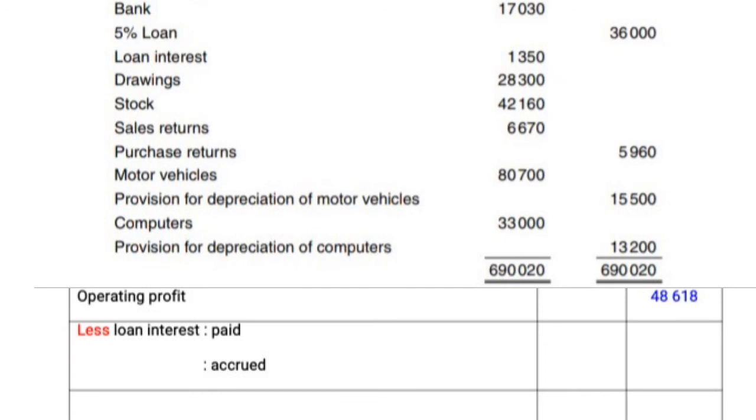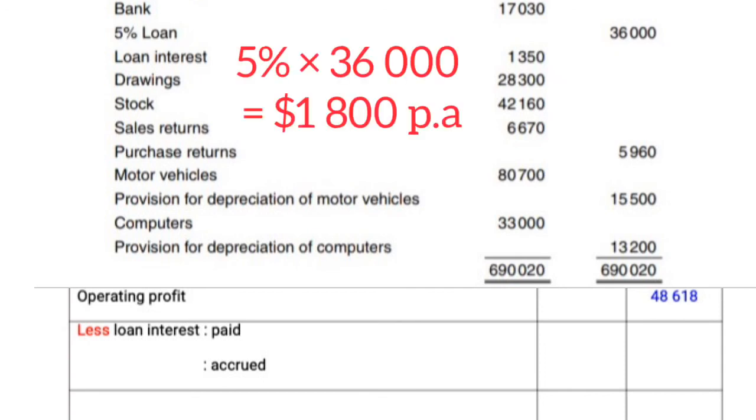So how do you identify the accrued? You make use of the 5% loan interest. Remember, the total loan is 36,000. Multiply it by the interest of 5%. So 36,000 times 5%, you get 1,800. What they are trying to say is, of the 1,800 which was supposed to be paid for that financial accounting period, Ella Watts paid 1,350.